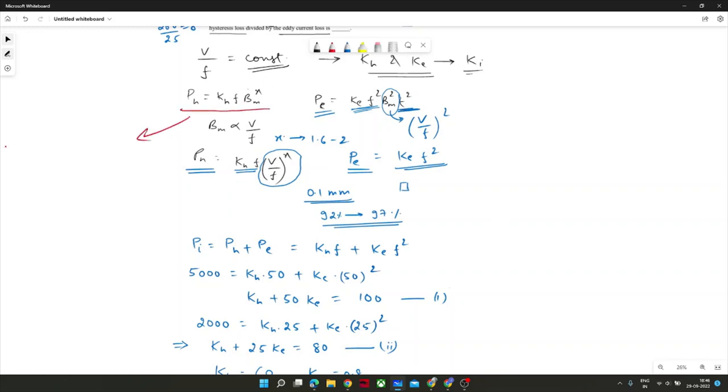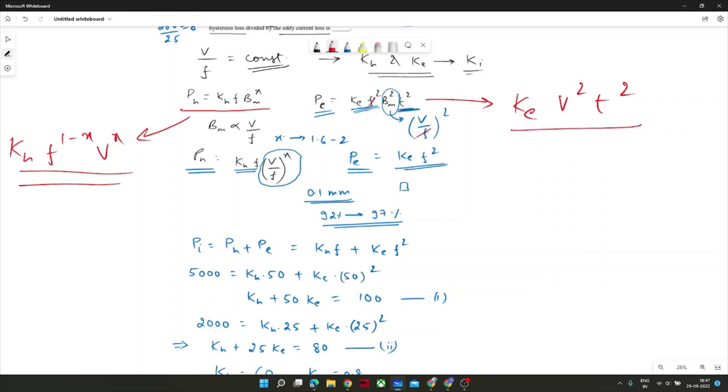This would come out to be KH into F raised to power 1 minus X and V raised to power X. So this formula would work at that instant. And for the eddy component, this would come out to be KE V square T square, because frequency would be cancelled out. This F and this F would be cancelled out, and then it would be KE V square T square.